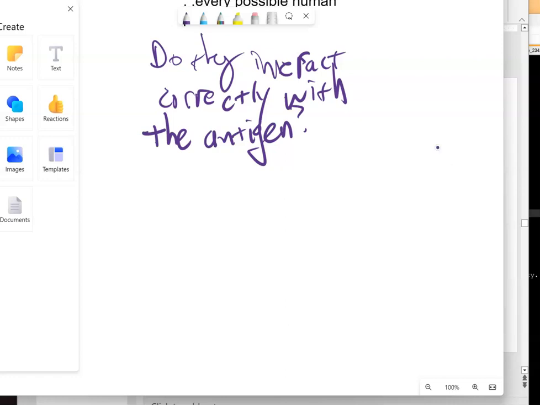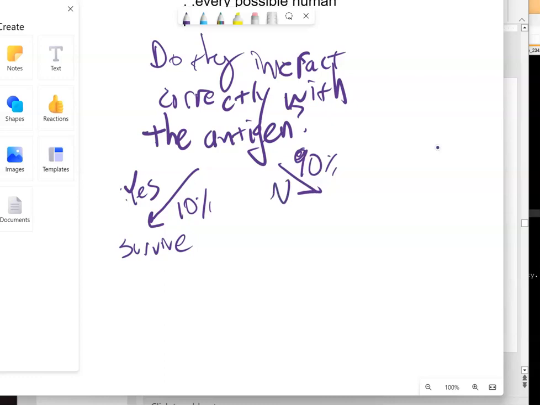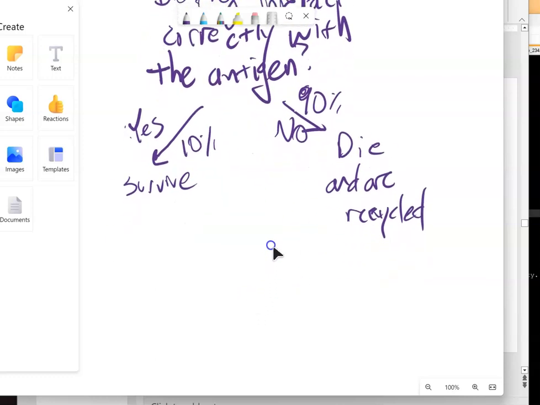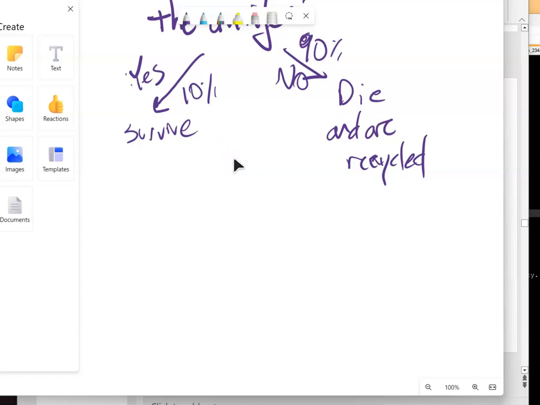And if they do, yes, roughly 10% of them have that whole functional system and they survive. 90%? No. They die and are recycled immediately into new cells. So their cell parts get used immediately by the body.